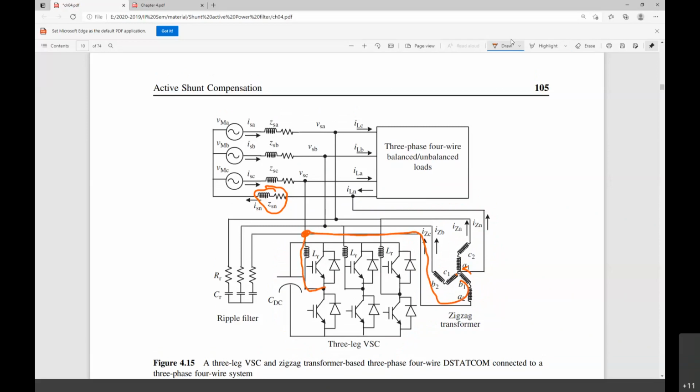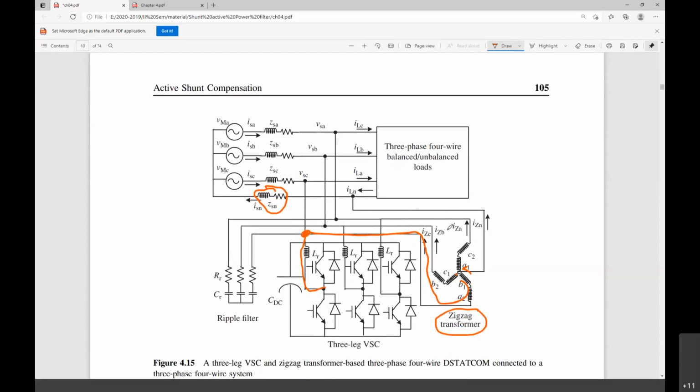There are different kinds of special transformers which can be used in a three-leg VSC based inverter, and these special transformers can be used to bypass the load neutral current instead of it going to the source.